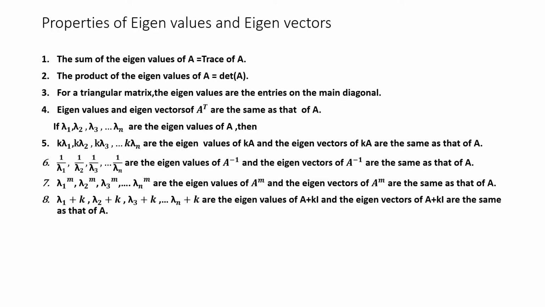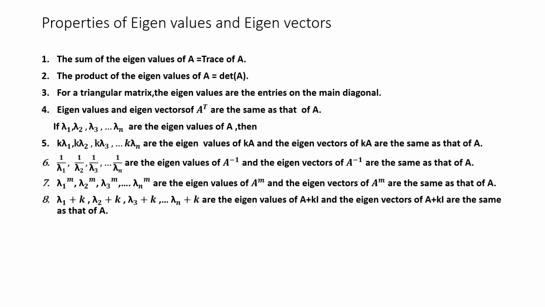Now, we will look into some properties of eigenvalues and eigenvectors. First one, the sum of the eigenvalues of the matrix A is the same as the trace of A, that is, the sum of the entries on the main diagonal of A. The product of the eigenvalues is the same as the determinant of the matrix A. For a triangular matrix, the eigenvalues are the entries on the main diagonal.